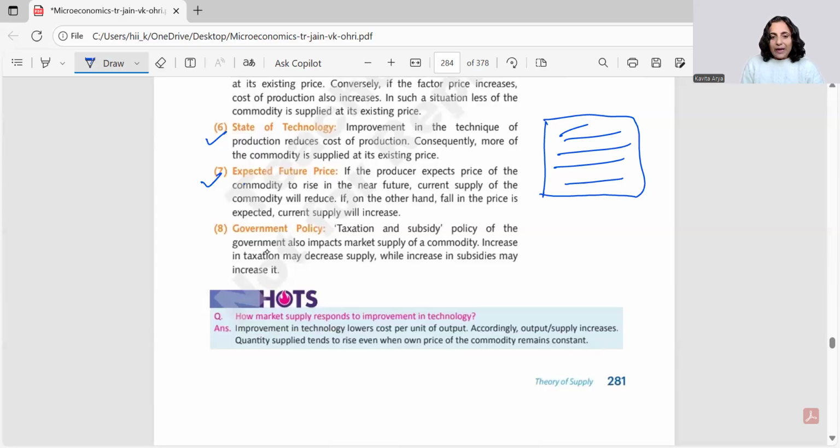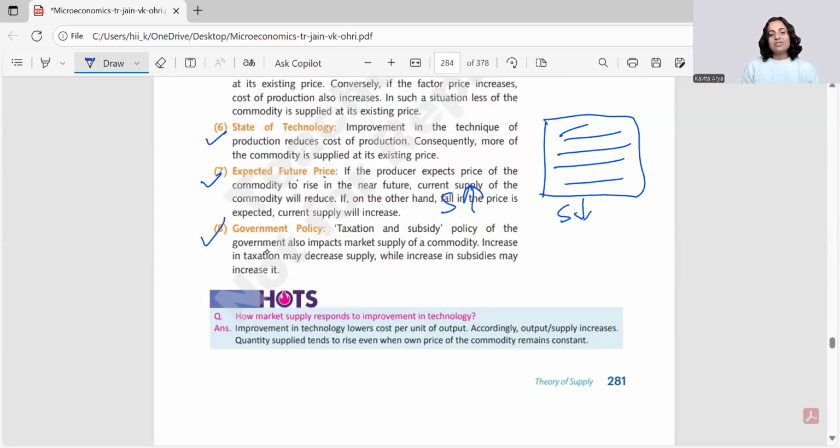So if expected future prices are higher, then today's supply will fall. And if he's expecting that in the nearby future, maybe tomorrow onwards, the prices are going to just crash, then he will simply bring everything from the godown out for sales today only, because he doesn't want to bear any loss, right?